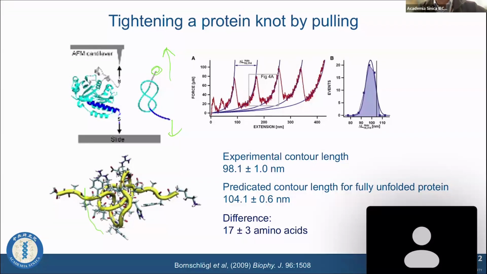This MD simulation result shows a knotted structure that cannot be disentangled, and this compact structure corresponds to about 17 amino acids or so. So that's direct experimental evidence to show that these protein knots do exist in nature.